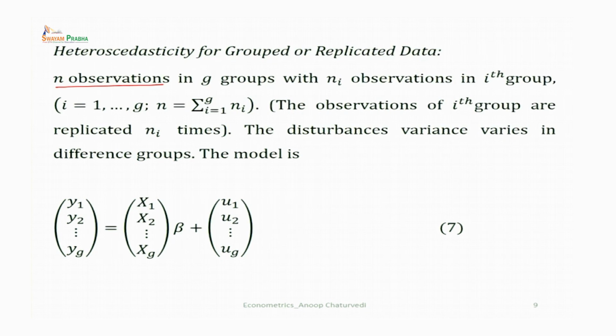So, we assume that for different groups we have different disturbance variances. Then the model is y1, y2, ..., yG equal to X1, X2, ..., XG beta plus u1, u2, ..., uG. Again this vector y is of order n cross 1, this X matrix which consists of X1, X2, ..., XG is of order n cross k, again u1, u2, ..., uG is of order n cross 1.